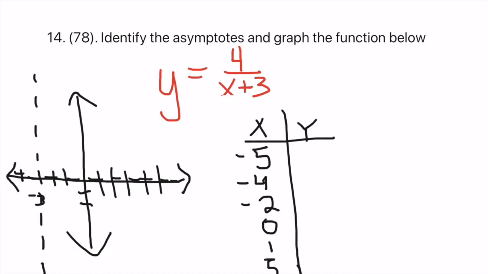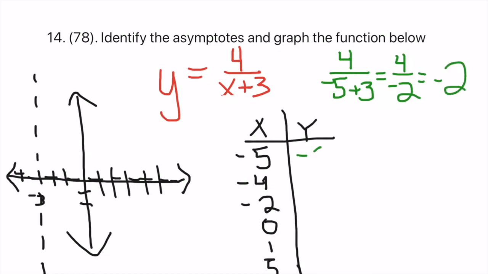So we have -5, so let's start there. So 4, -5 plus 3, that's 4 over -2, or -2. So let's go plot that point, -5, -2. So that's -3, so here's -4, -5, so you go out a little bit further, and then down to -2, so about right there.